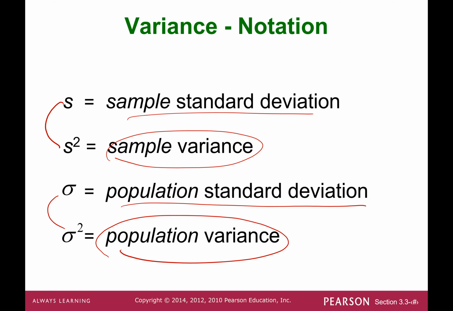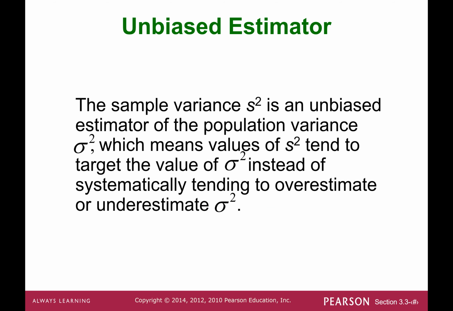Okay, they're related. The sample variance s squared is an unbiased estimator of the population variance sigma squared, which means values of s squared tend to target the value of sigma squared, instead of systematically tending to overestimate or underestimate sigma squared, assuming we have a simple random sample. And this assumption is very important.